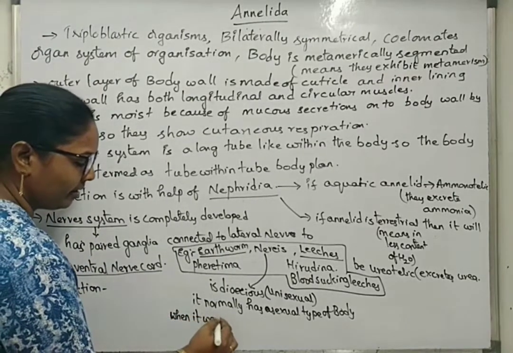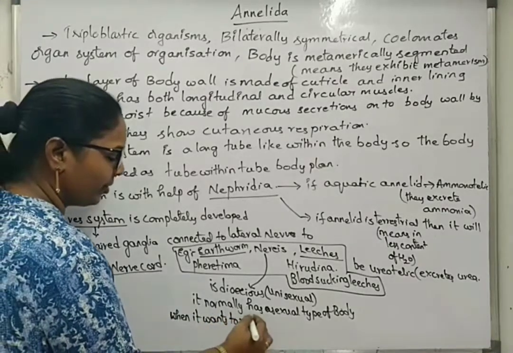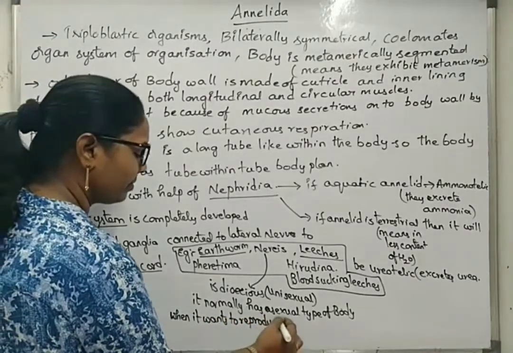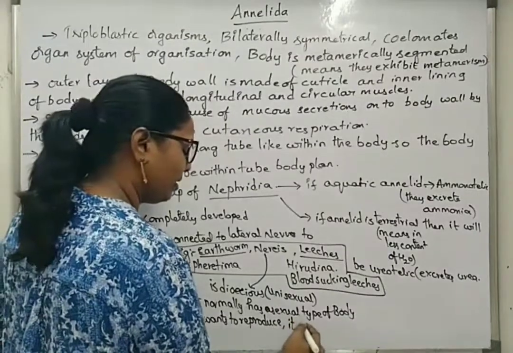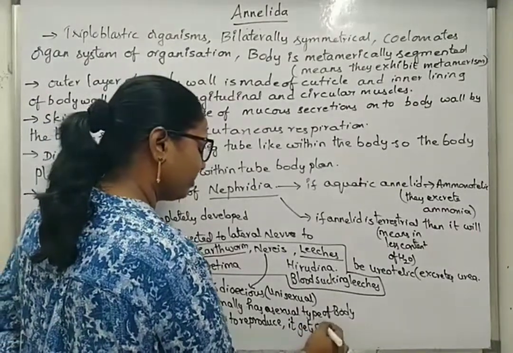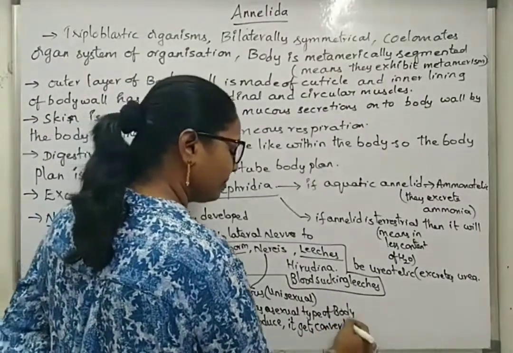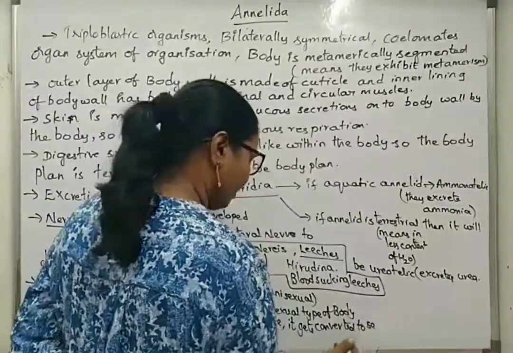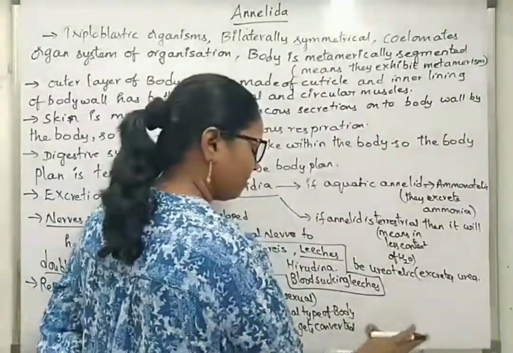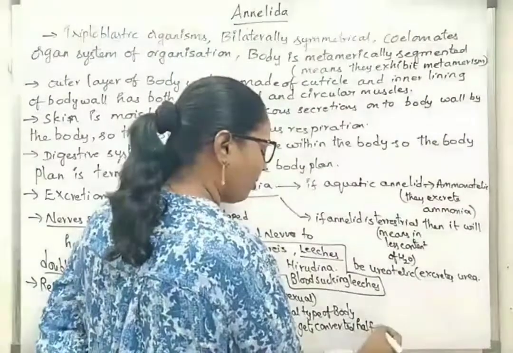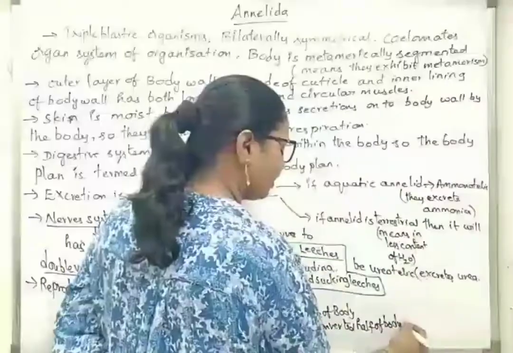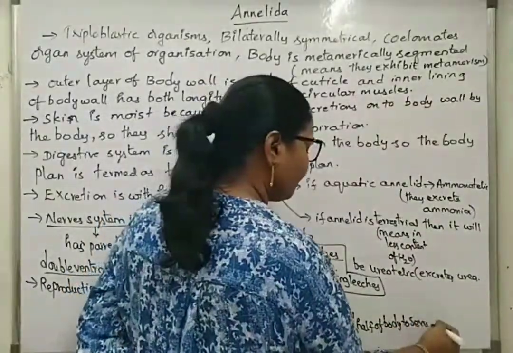When it wants to reproduce, half of the body gets converted to sexual form.